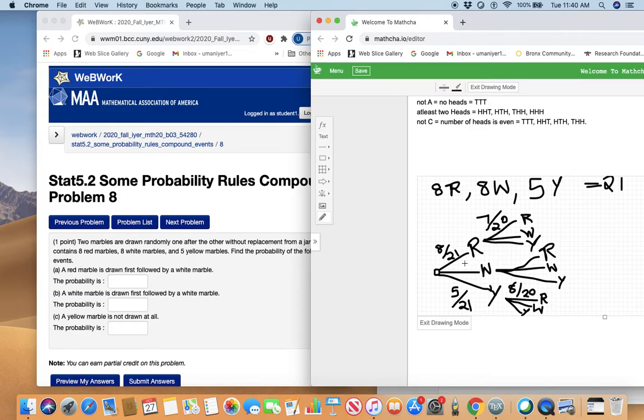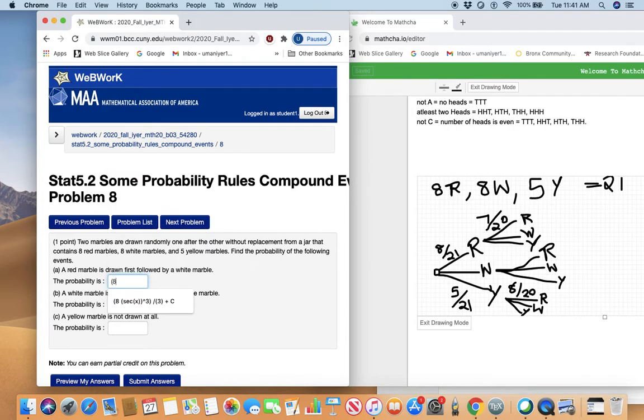A red marble is drawn, R first, followed by white. So red got me 8 over 21 times, now white. So I drew out a red, but 8 whites are still left. So 8 over, I drew out 1 marble, so in all 20 left. Likewise, first white, so white is 8 out of 21 times another white.